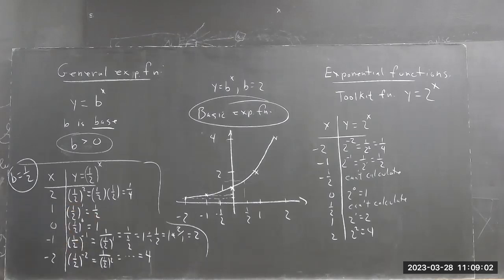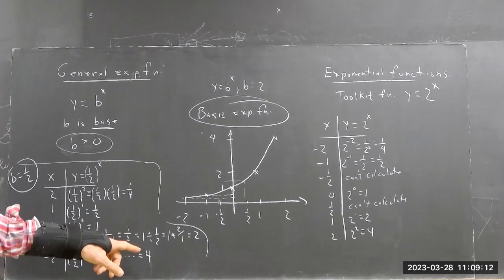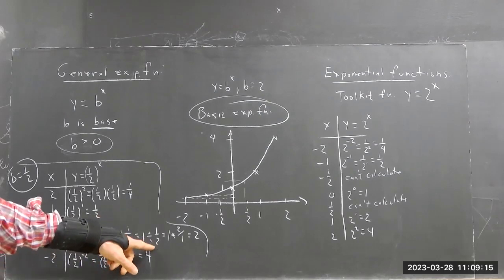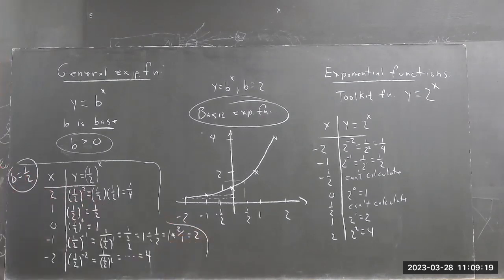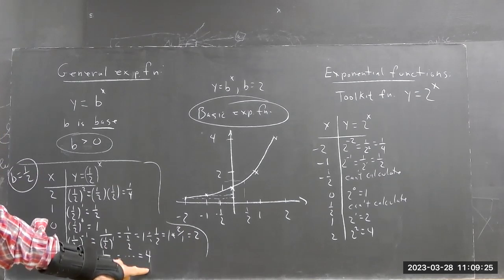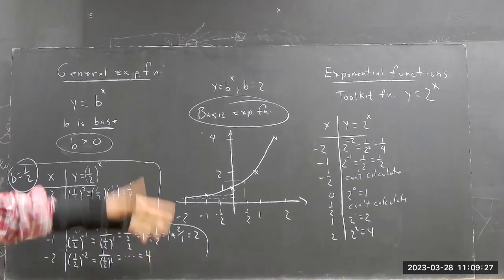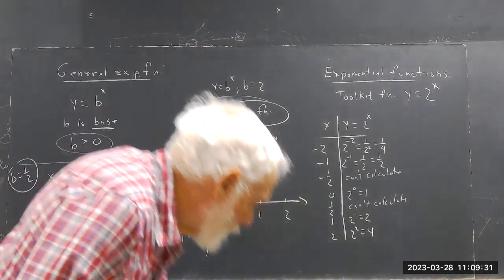For -1, 1/2 to the -1 is 1 over 1/2 to the 1, which is 1 divided by 1/2, which is 1 times 2 over 1, and that's 2. And if x is -2, we get 4, not 1/4. I forget who said that. Oh, no, I actually wrote down 1/4 and I wasn't thinking.